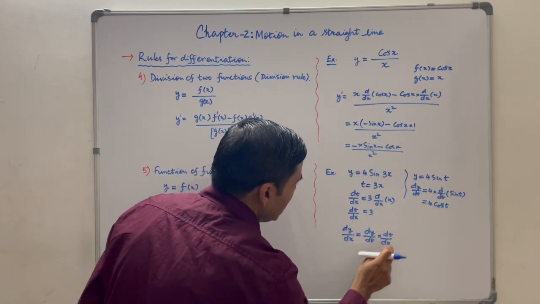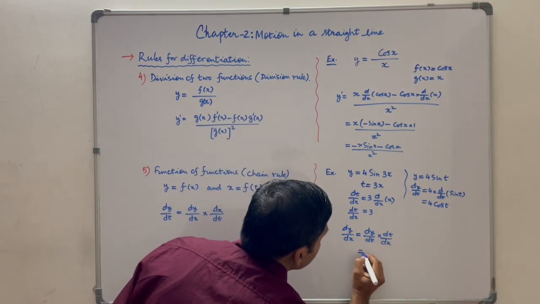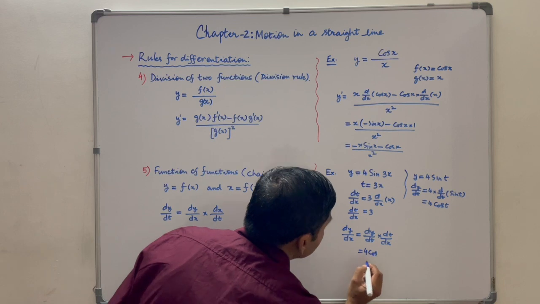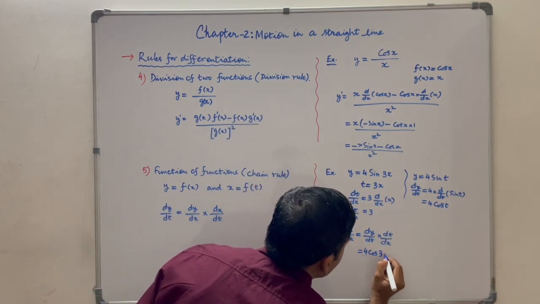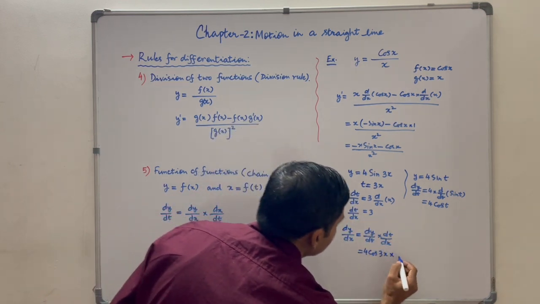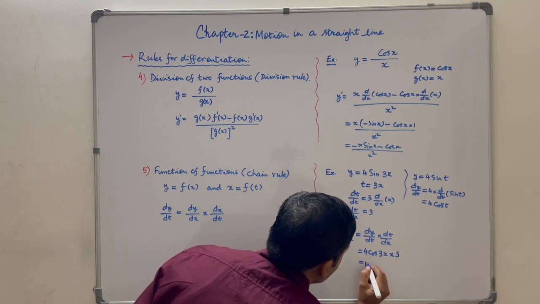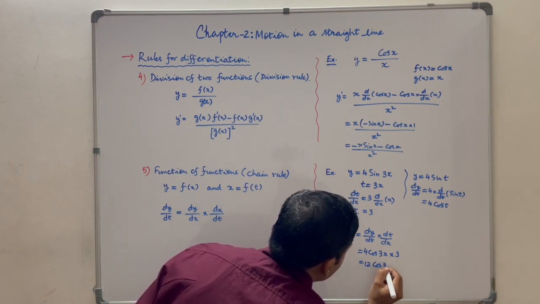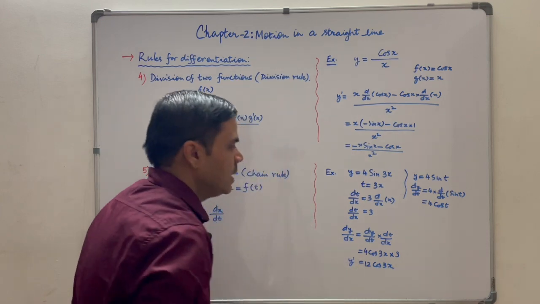Dy by dt, just we have calculated, is equal to 4 cos t. In place of t, we will put back 3x. 4 cos 3x into dt by dx. dt by dx is 3, so 4 into 3, that is 12 cos 3x. That will be equal to y dash or dy by dx.